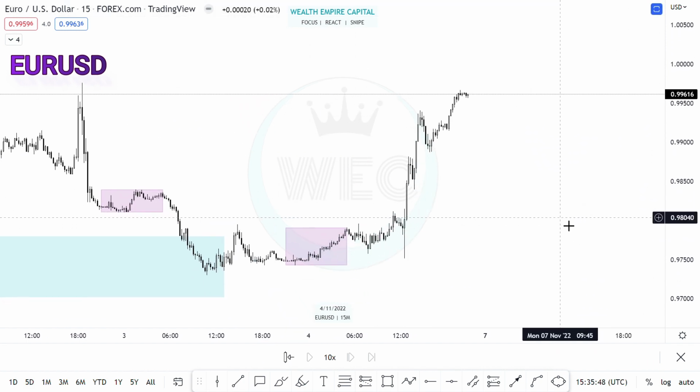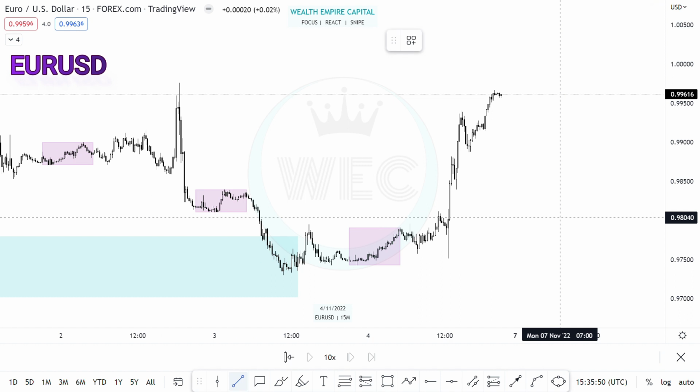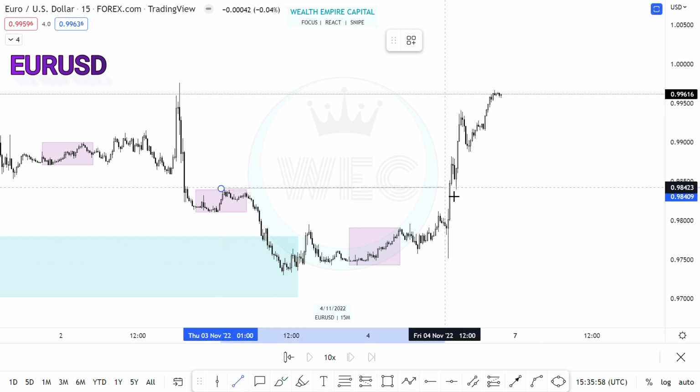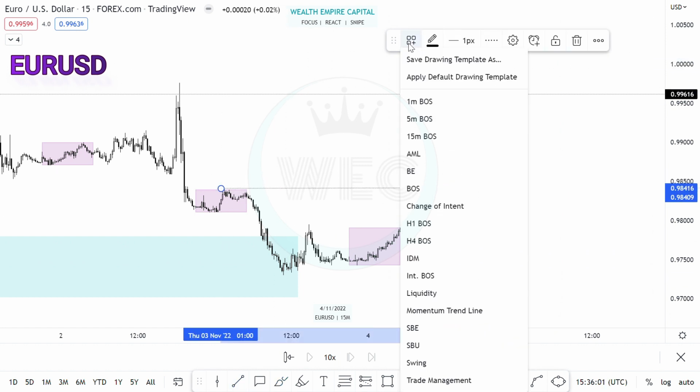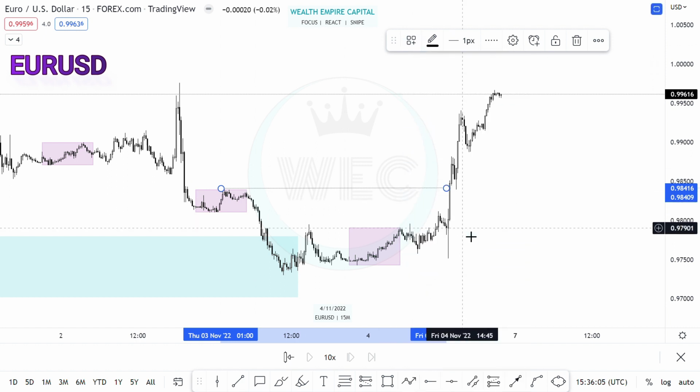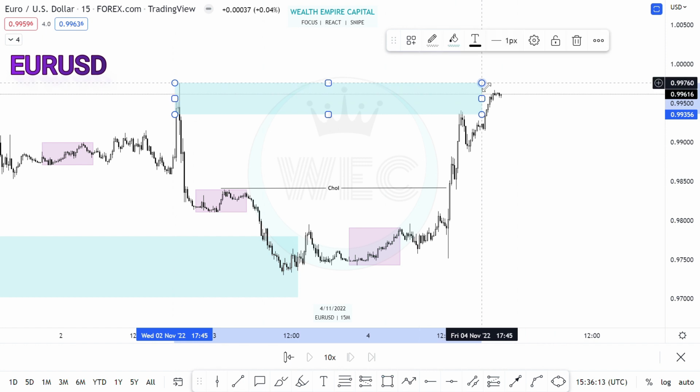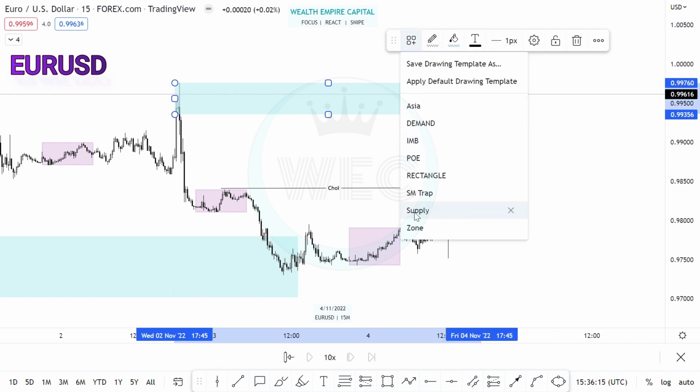First, let me define my M15 structures. On M15, we had a change of intent right in here. That was last Friday. So this was a change of intent on M15, just telling me that intraday has switched bullish. Even though it is an H1 supply, to me it's just a reactive supply zone on an intraday basis.